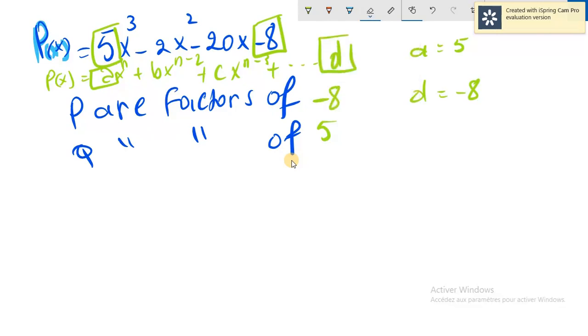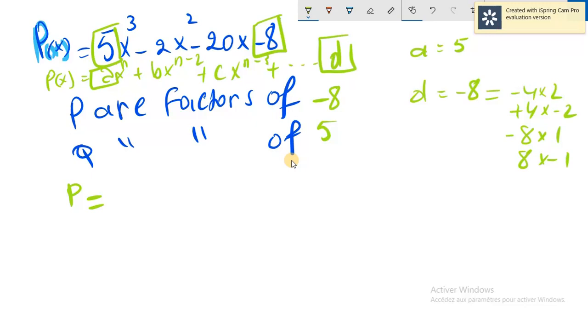So if I look at the pairs for the factors of p, negative 8 is equal to negative 4 times 2, plus 4 times negative 2, negative 8 times 1, or 8 times negative 1. I'll be taking all of these as factors. So from here, what do you see?